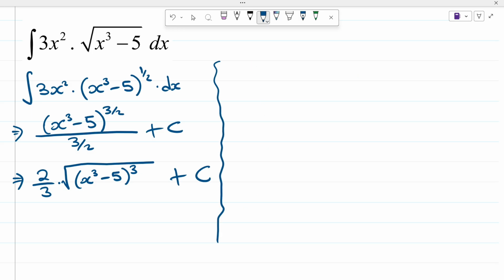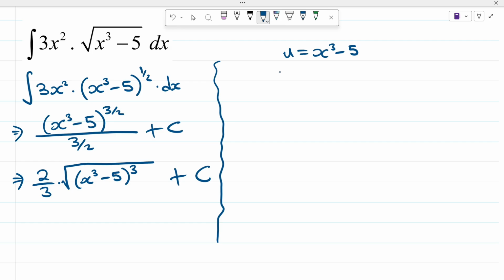So what did I say about u substitution? I said always let something that is inside the brackets be equal to u. So here, if we were solving this using u substitution, that means we're supposed to let our u be equivalent to x cubed minus 5.